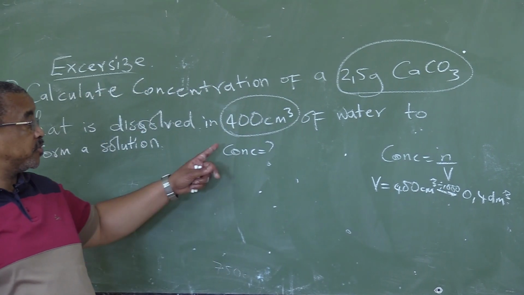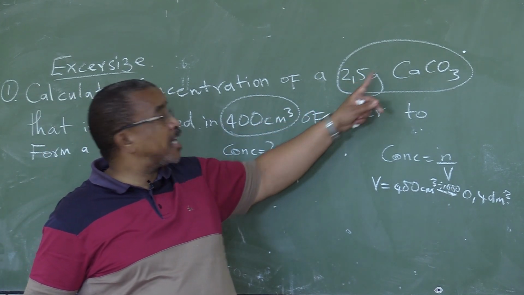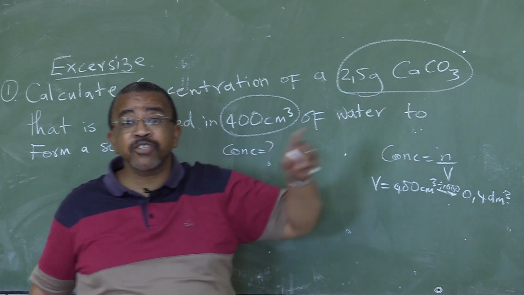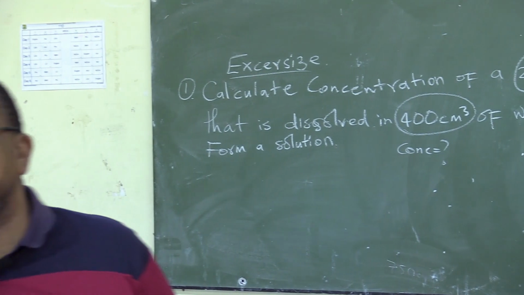What about the number of moles? We are given the mass. Once they give you the mass and the compound, they are hinting that you should find the molecular mass.